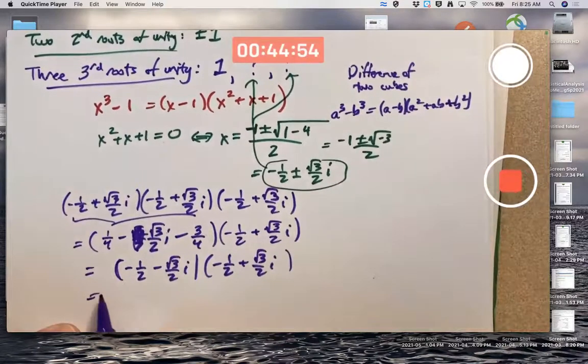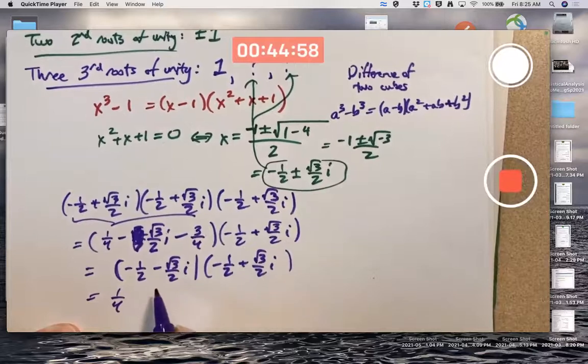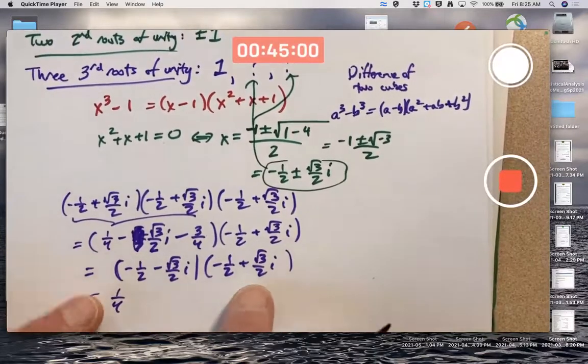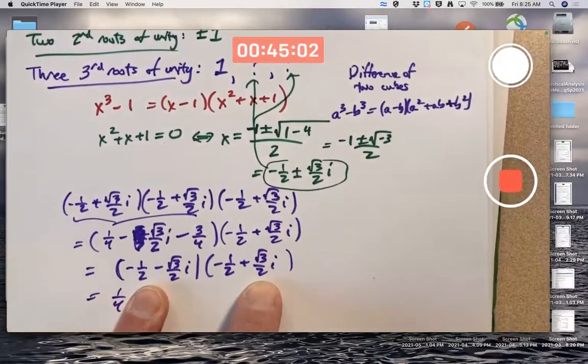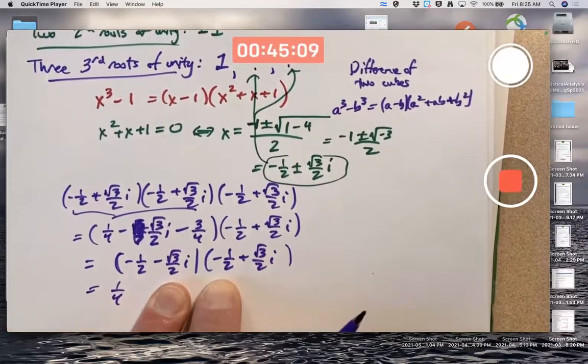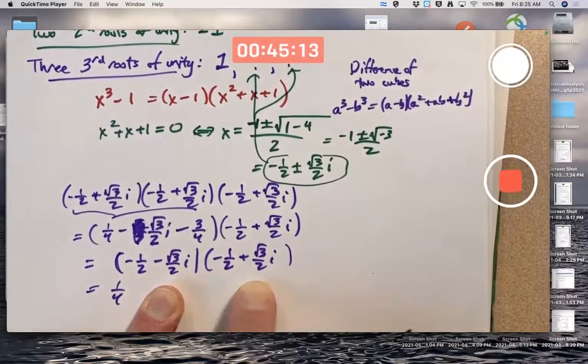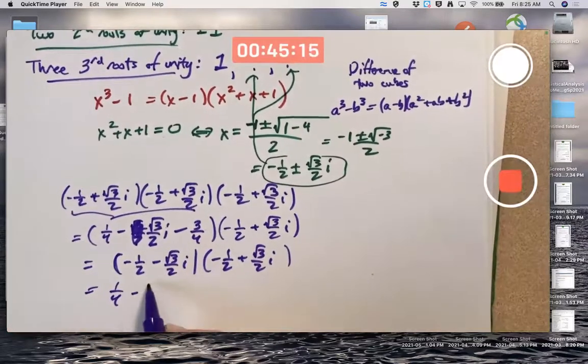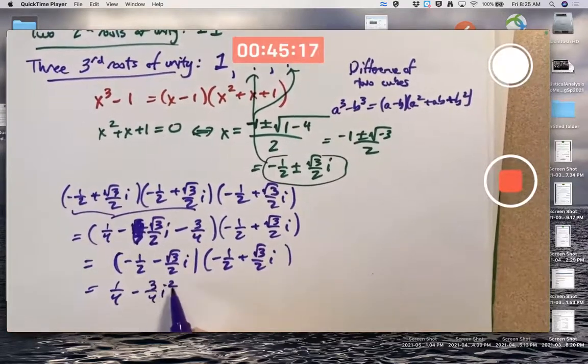Now multiply this out. 1/4. The outside and inside terms cancel. Product of those two things will be -3 root 3 over 4i. And the product of these two things will be positive root 3 over 4i. Outside and inside terms cancel. Last times last is minus 3/4 times i squared.